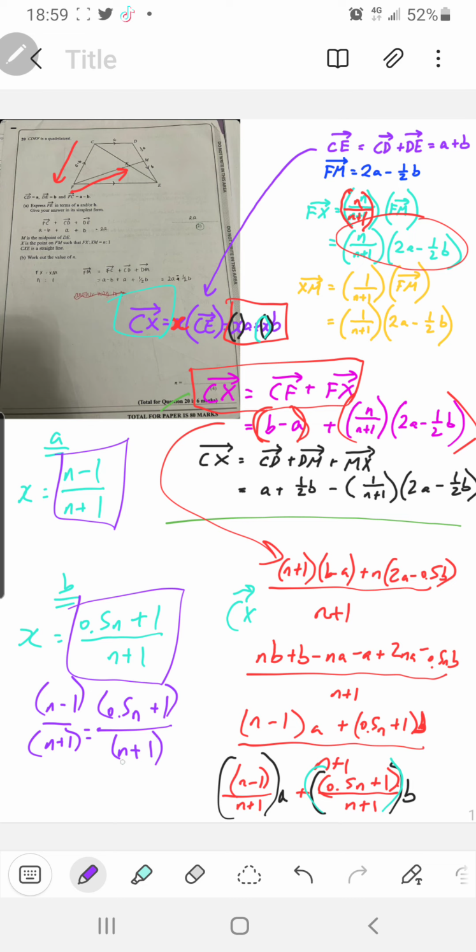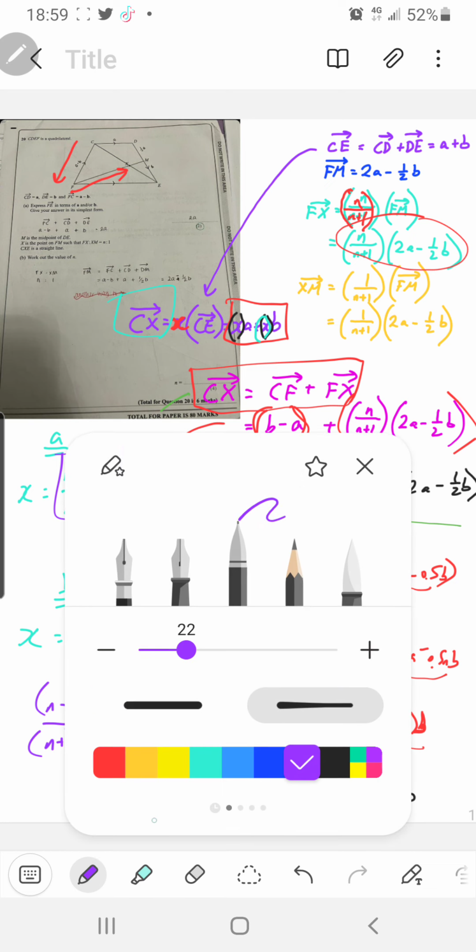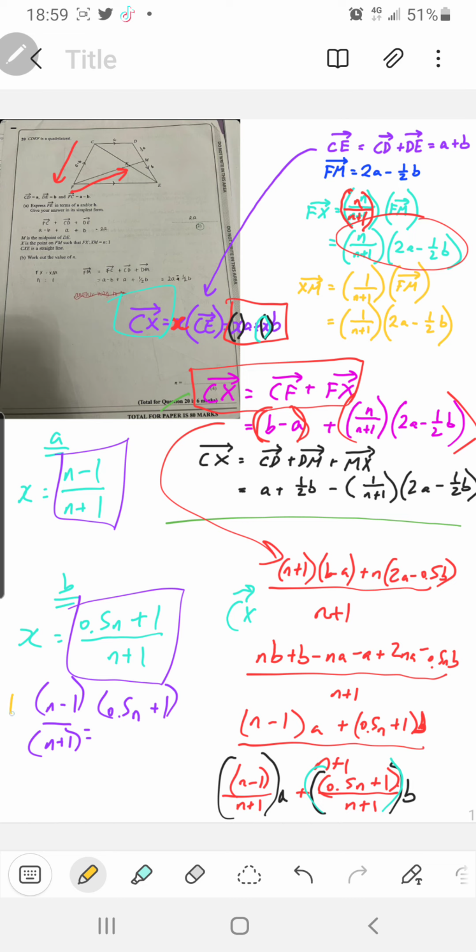This n plus 1, you can move it to the other side. It's being divided here, so when you move it to that side, it will be like times. So what happens is that you no longer have this, and then you have that other n plus 1 over here, but it will be the same above and below, so you can cross them out.